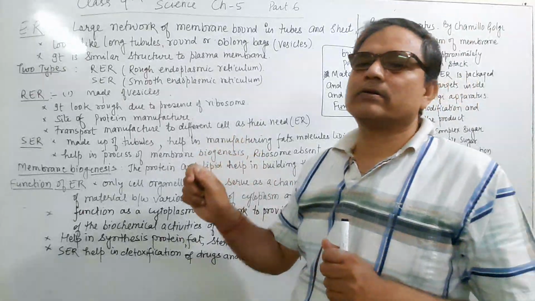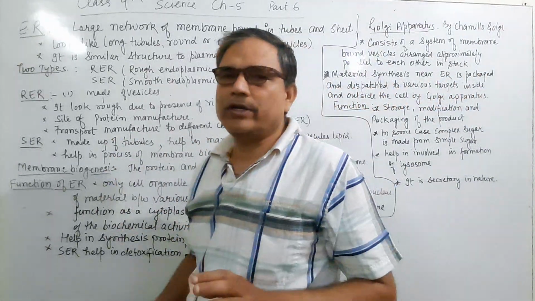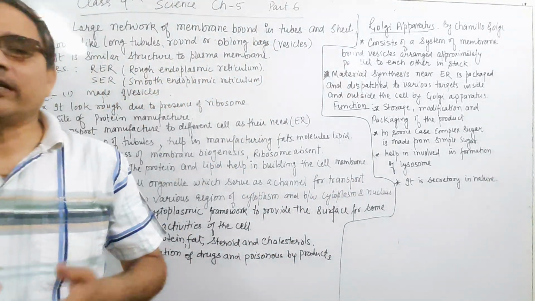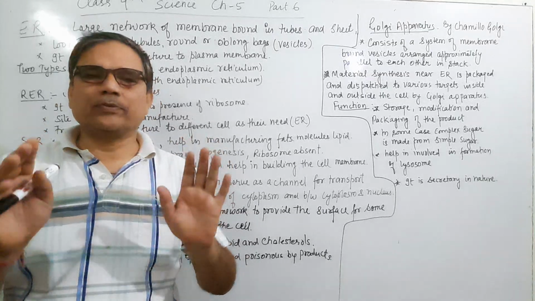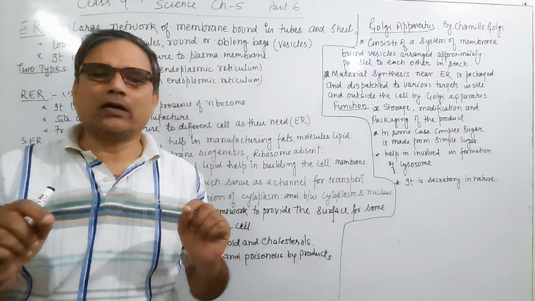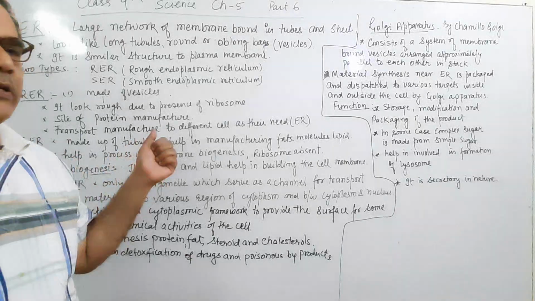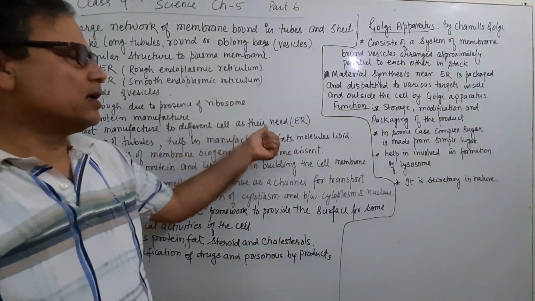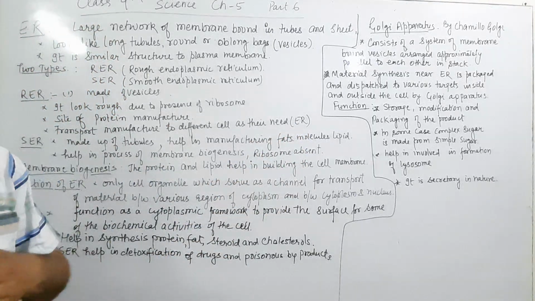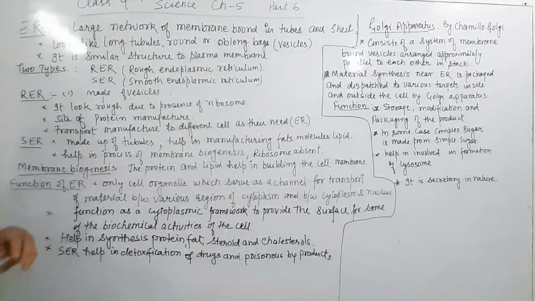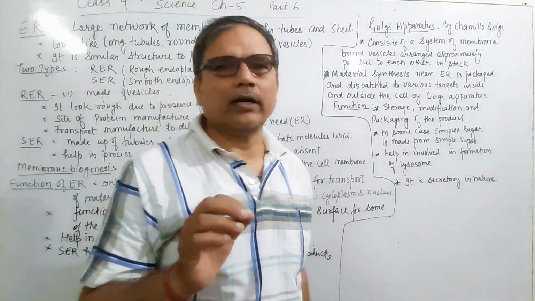to different parts of the cell as per their needs. As the cell requires protein, the RER dispatches and transfers the protein to the cell as per their requirement. This is the rough endoplasmic reticulum.